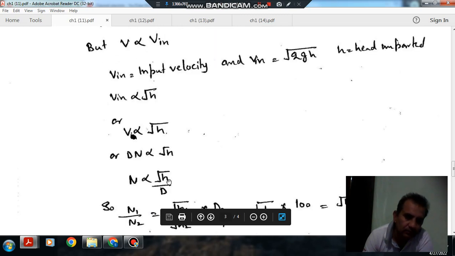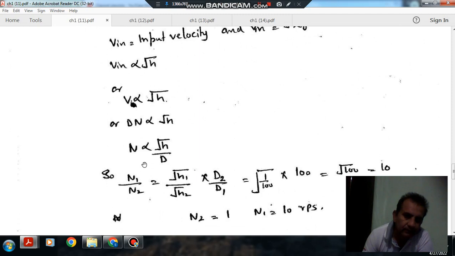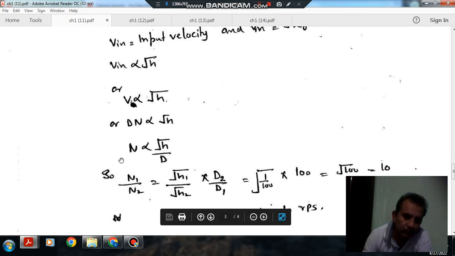So D N is directly proportional to root h, so N is directly proportional to root h by D. Now for first and second condition, N1 by N2 is root of h1 by h2, times D2 by D1.